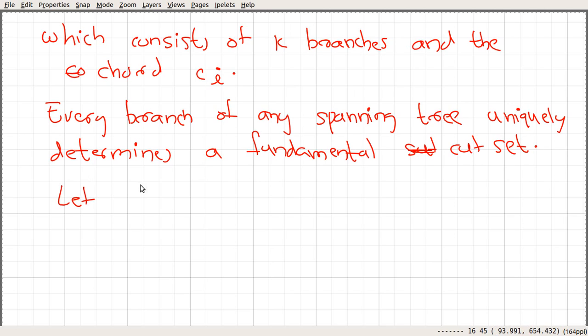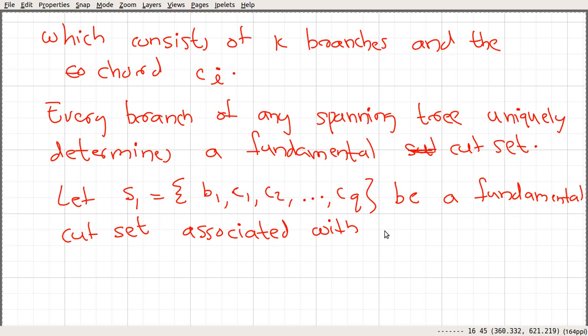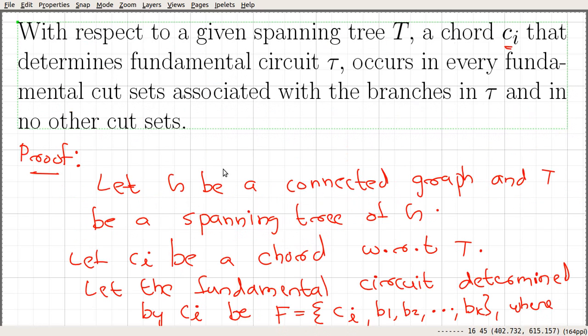So let S1 be this set. Let this set be a fundamental cut set associated with B1.